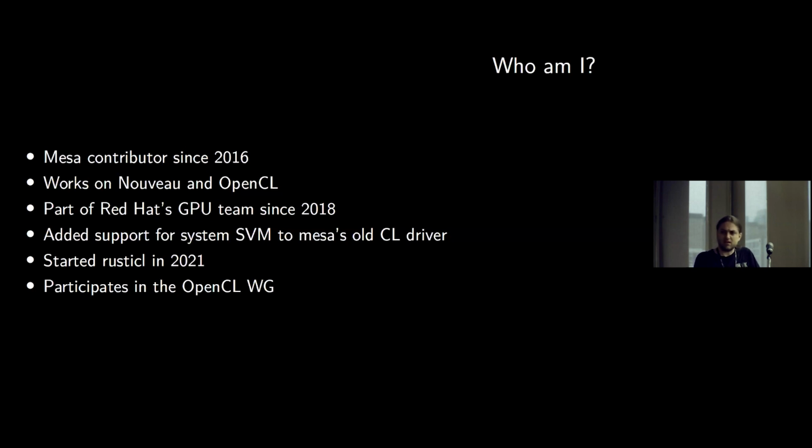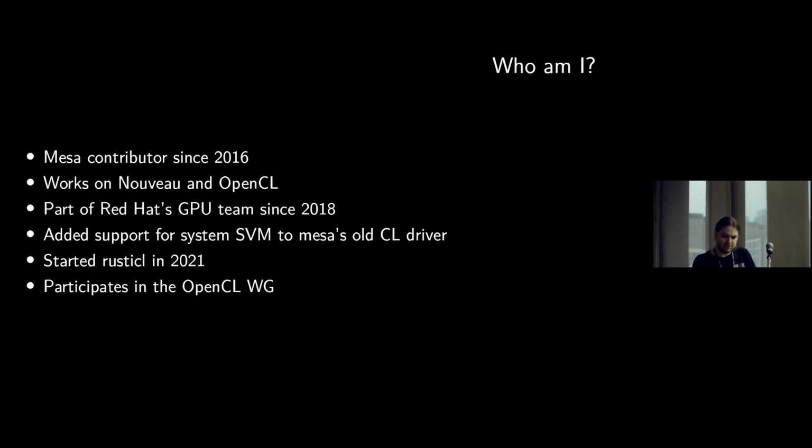I started to work primarily on NVIDIA GPUs and OpenCL. When I joined Red Hat, I'm kind of switching between doing GPU desktop things like OpenGL and Vulkan and OpenCL stuff. It depends on what I'm working on at the moment.